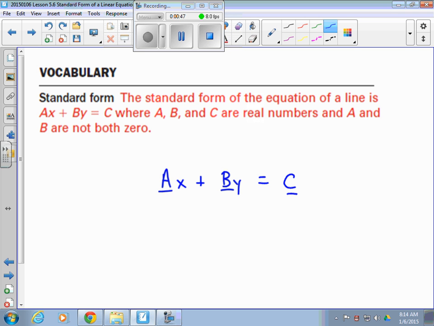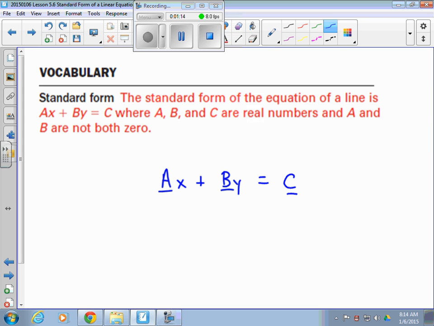A and B both can't be 0, because if they're both 0, you get something that doesn't create an equation. We're going to look at instances in a few minutes where one of those will be 0, and that'll create horizontal and vertical lines. But they're both not 0. And again, these are integer values, meaning you're not going to have any fractions in standard form. Most of y'all will appreciate the fact that there are no fractions in it.